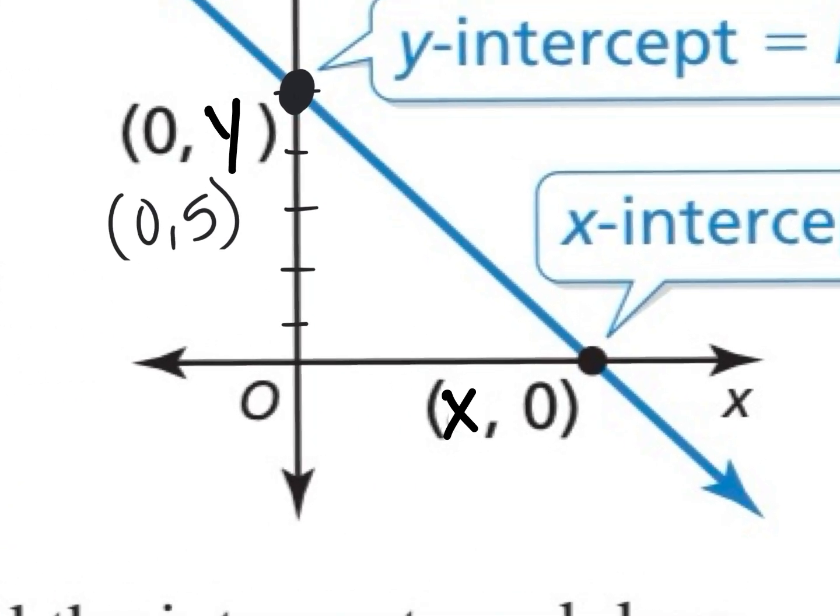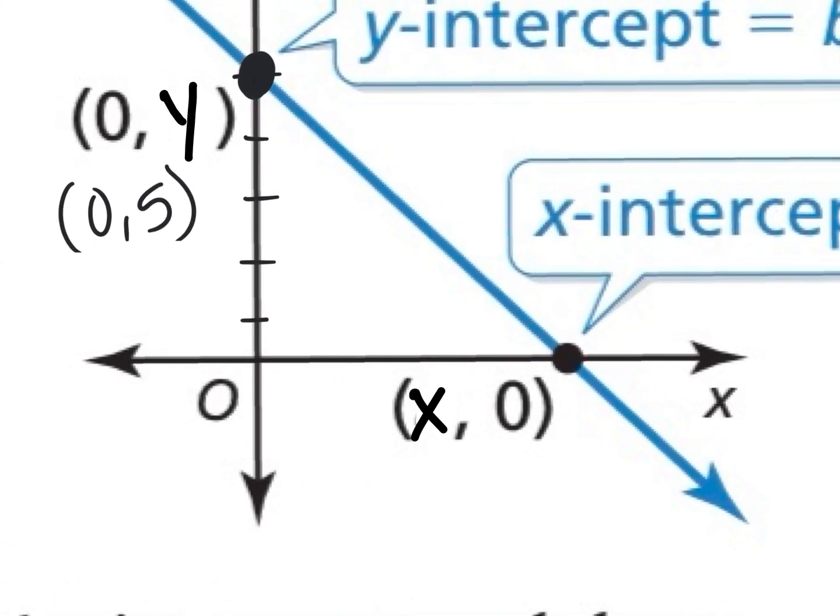Now, if you think about an x-intercept, where it crosses the x-axis is always going to have a number for the x value and a 0 for the y value. If I said, okay, who could tell me what that ordered pair is now that I just put those markings?